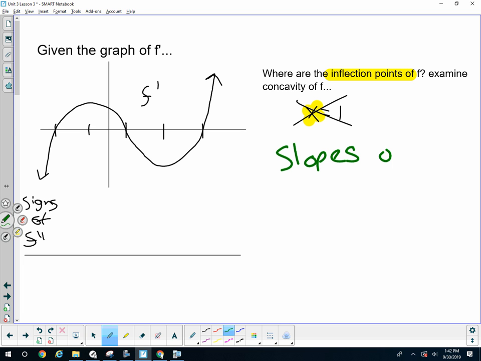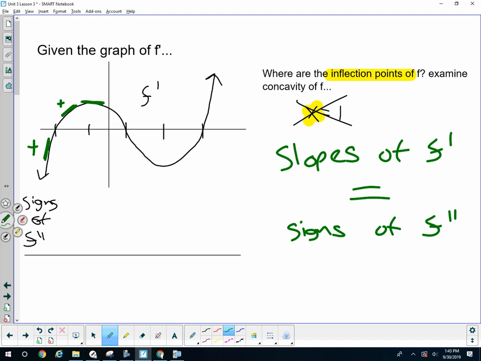The slopes of f prime, the derivatives of f prime, give you the signs of f double prime. On top of f prime, we will sketch tangent slopes: positive, less positive, but whatever, we're just going to say it's positive. 0.